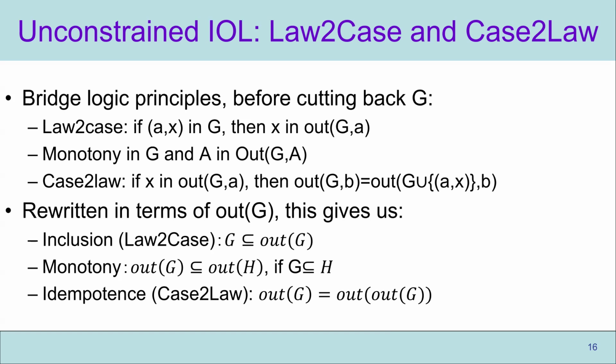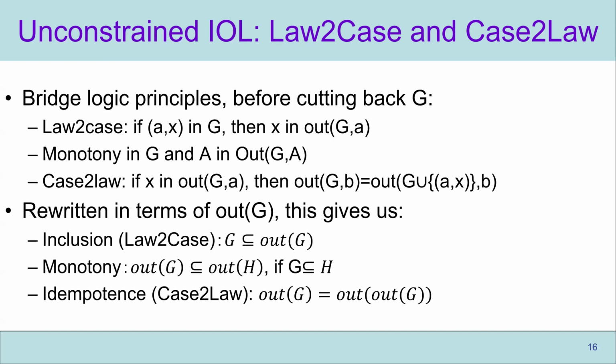Remember, this closure operator on G just means that X is in out of G, A. So what inclusion says is, if you have a rule A, X, then if you have the input A, the output is X. So this is the minimal. If you don't have this, your rule-based system will not be able to derive much.